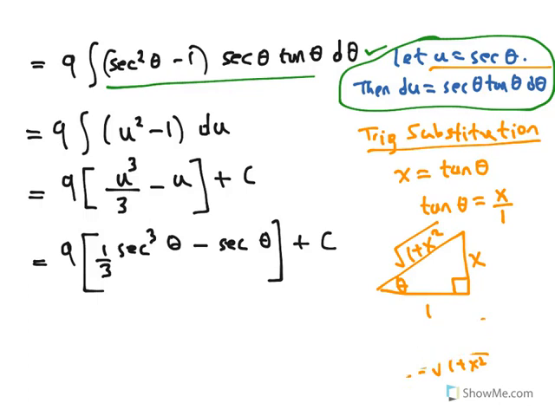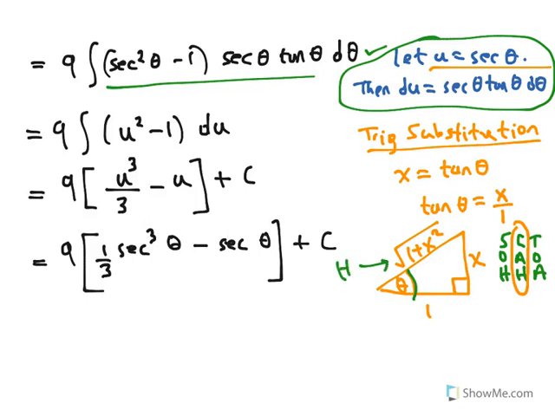With that, we're able to go back to our original variable of integration, which is, of course, x. So what we need to do now is we need to go back to x by using what we know about secant. Secant is the reciprocal of cosine. So secant of theta would be hypotenuse over adjacent. So here's our angle theta.